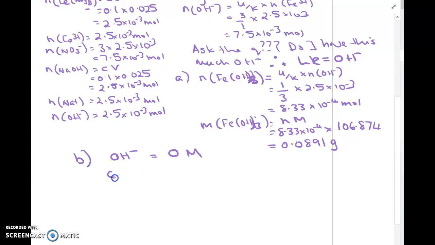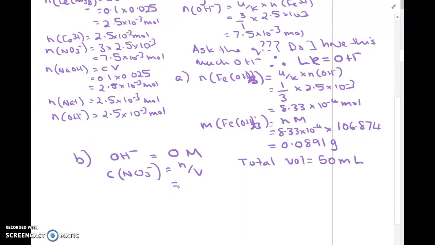So the concentration of the nitrate ions is equal to n on V. I need my new volume, so the total volume equals 50 ml. All I do is add the two volumes together.